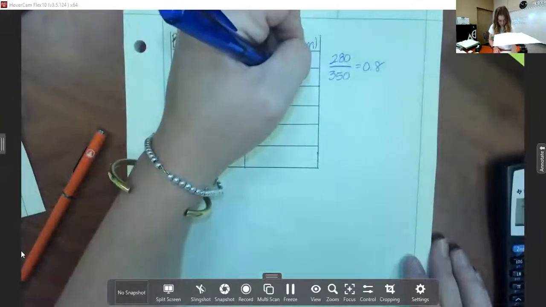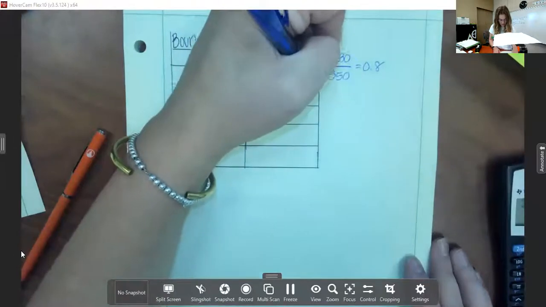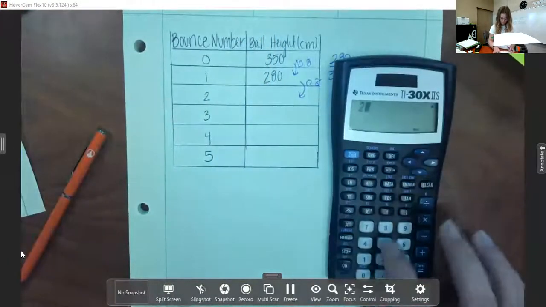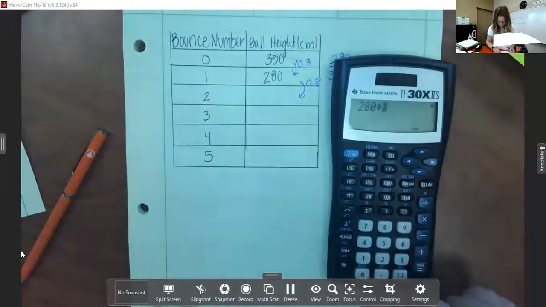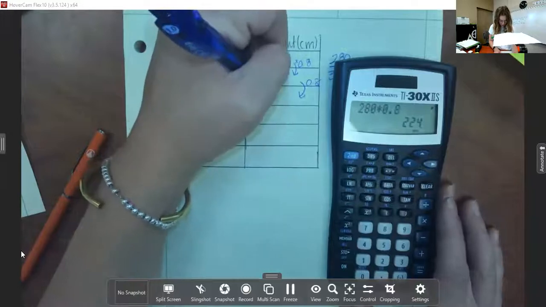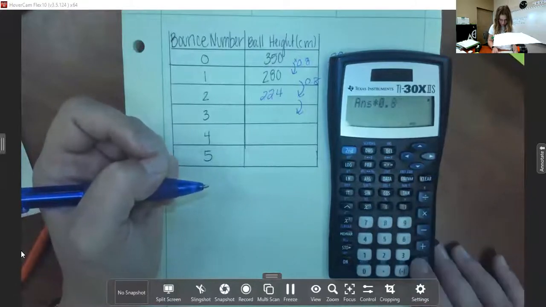So then we'll keep the pattern going. All right, 280 times 0.8 will be 224. And we'll just repeat this pattern. 179.2.